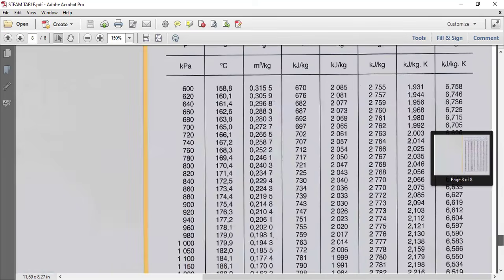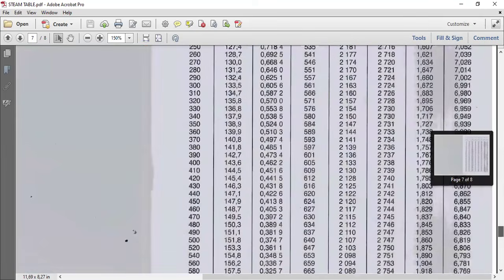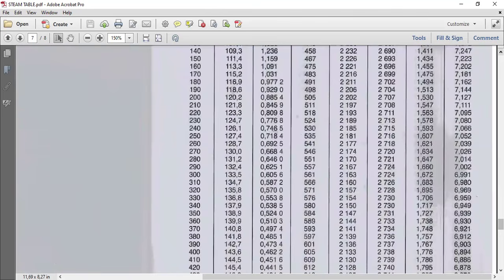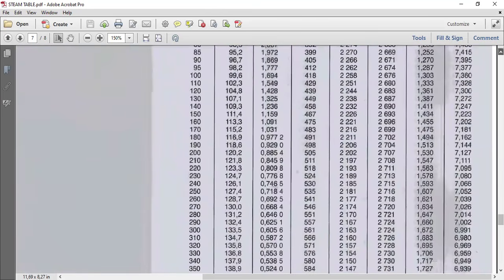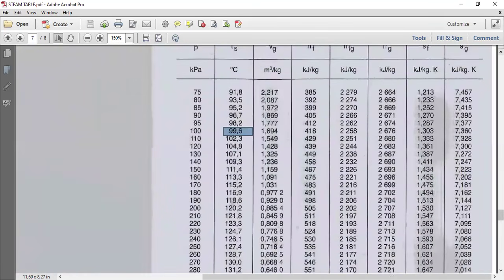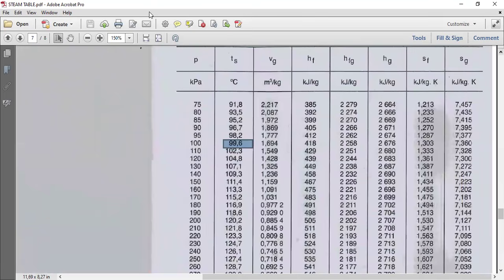That was 99.6. All right. So if you check on this page, you can see 99.6 somewhere there on your temperatures here. That is where we have our temperature, and as you can see, it corresponds straight. We need the part of HF here.